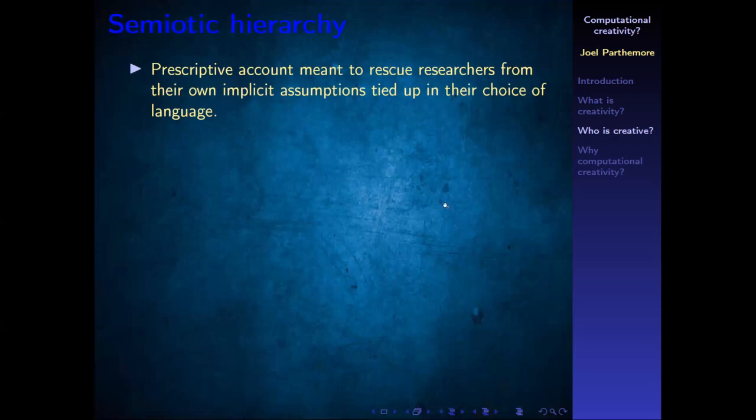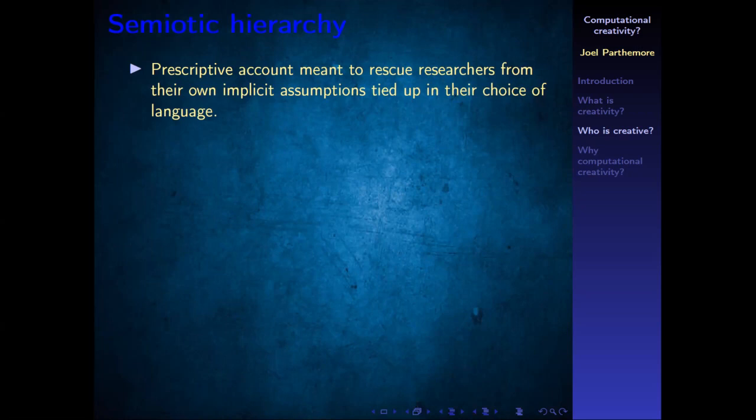My inspiration for both this current paper and the earlier one with Blay comes from Zlatev, whom I mentioned earlier, and his idea of a semiotic hierarchy, which is itself offering a prescriptive account of how he thinks we should think about things like consciousness, language, and sign usage.